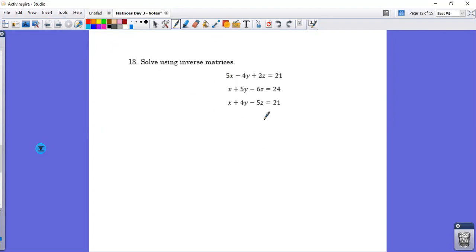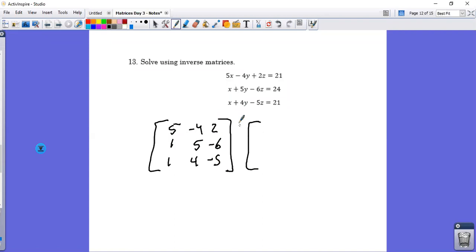So same thing, if you're going to put this one into the calculator, it'd be 5, -4, 2, 1, 5, -6, 1, 4, -5 to the -1 power times 21, 24, 21. And that'll give you your solution.